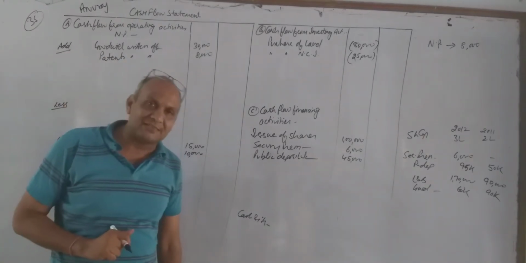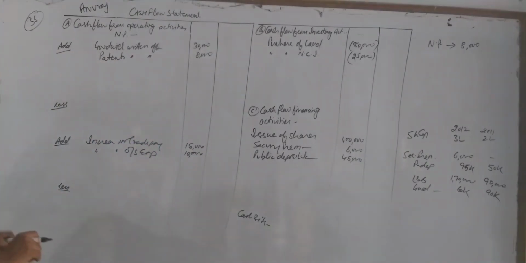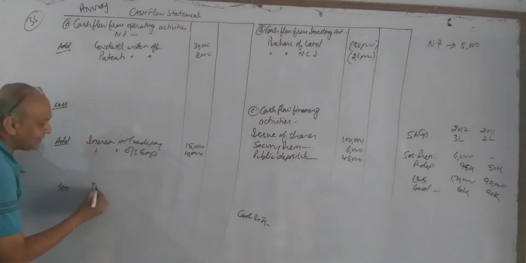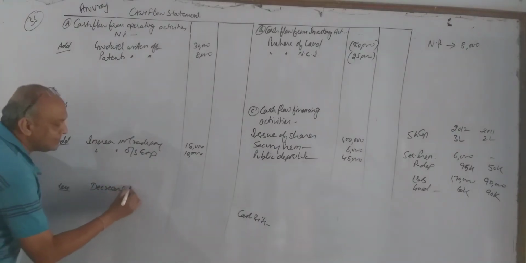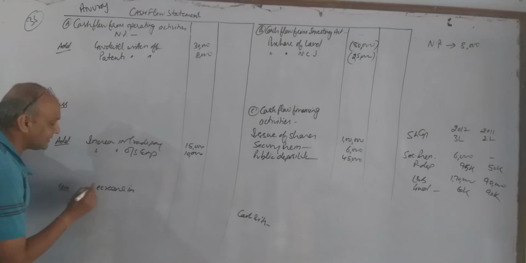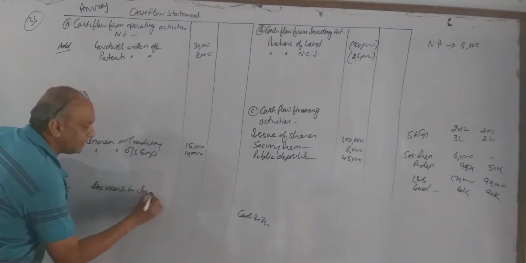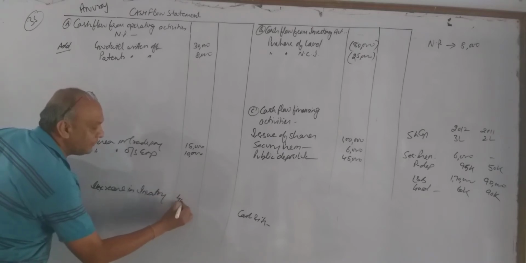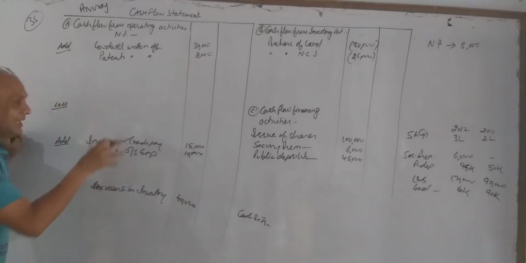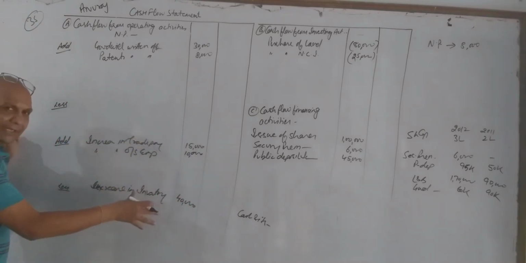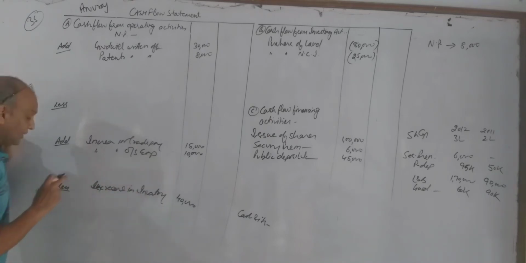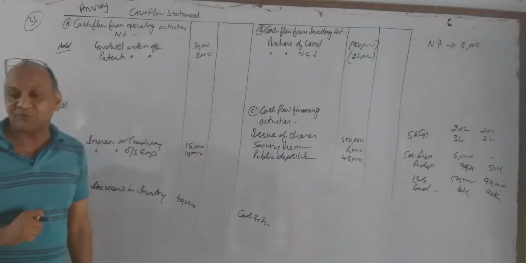Inventory means current assets, and here inventory is increasing, current assets are increasing. When current assets increase, it means less. Increase in inventory, 40,000 rupees. Here I am not showing the bracket, even though money is going, because I am using the word add and less.